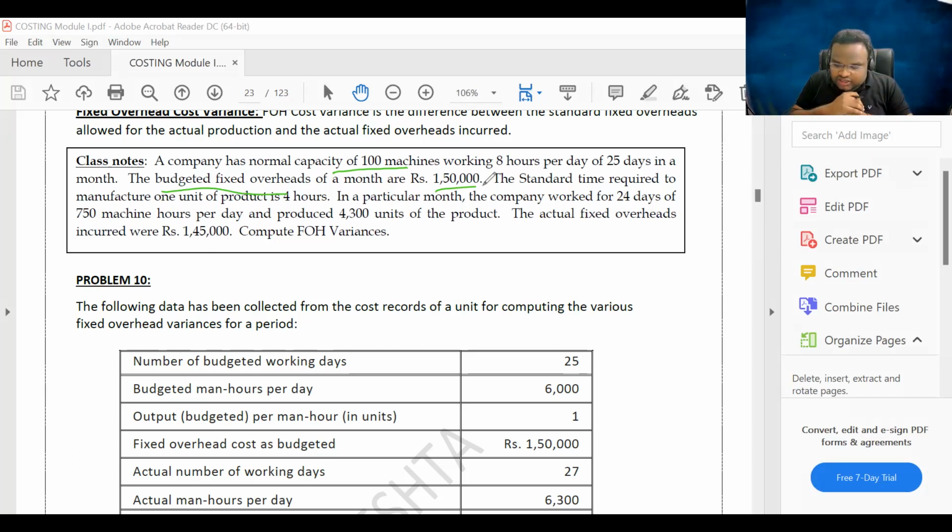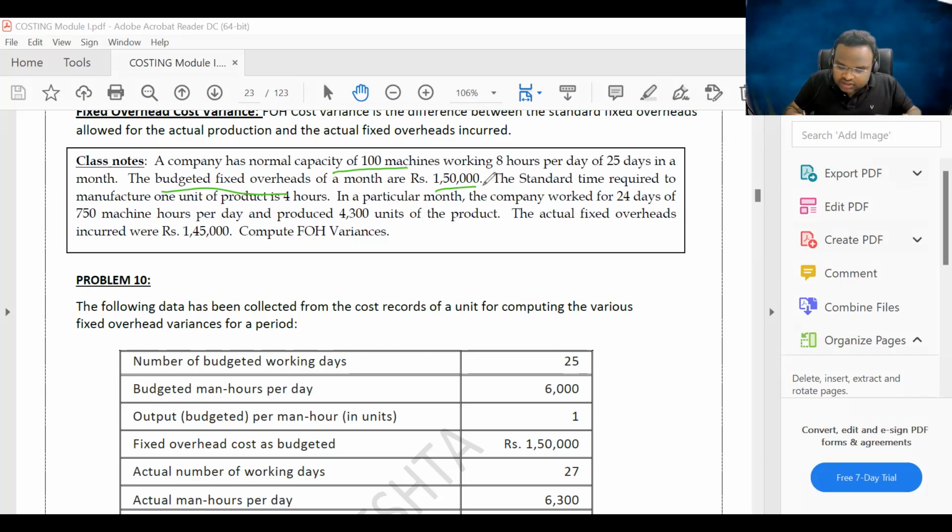In a particular month, the company worked for 24 days of 750 machine hours per day and produced 4,300 units of the product. This 4,300 is called actual output. Actual number of working days is 24 and each working day your machine hours are 750.